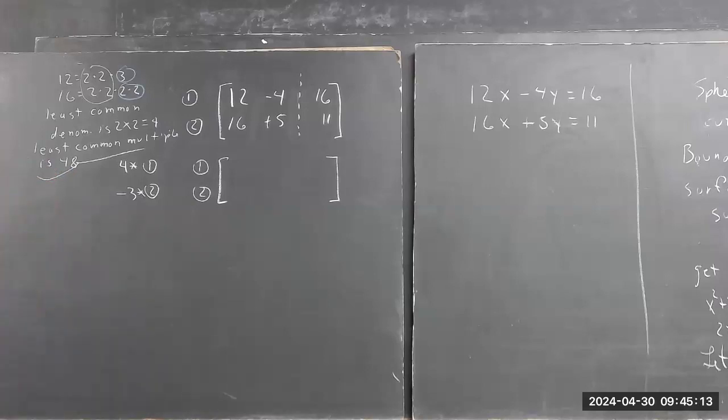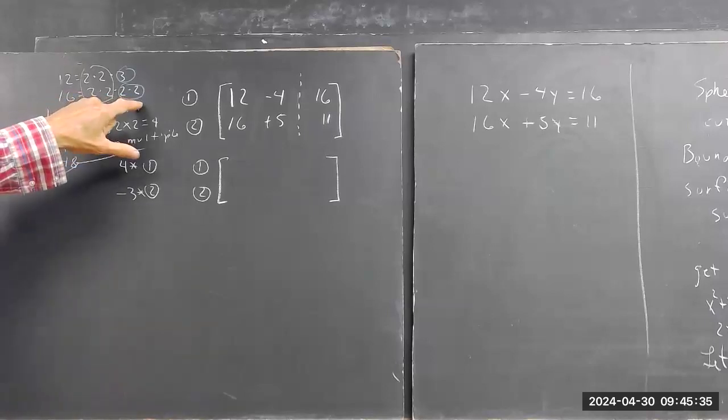Now, how do you get the least common multiple? You just start with either of these numbers. If it's going to be a multiple of 12, you have to have 2, 2, and 3 in the prime factorization.